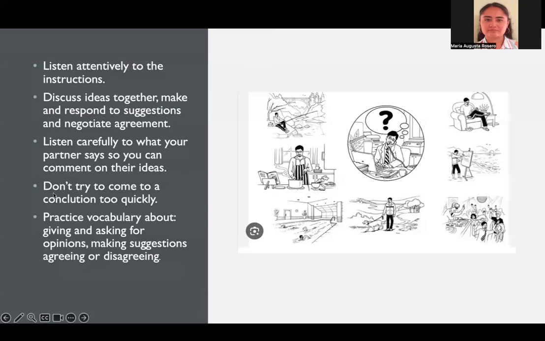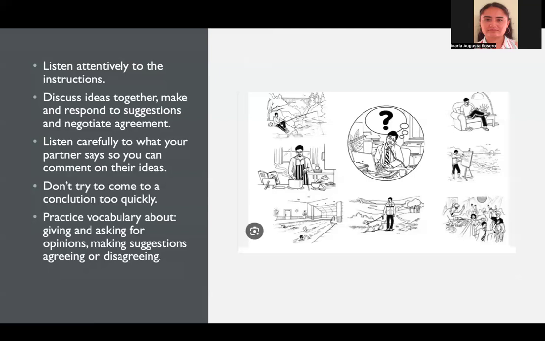Then another suggestion that we have here says that you don't have to try to come to a conclusion too quickly. Like, for example, if you start speaking or saying something, the other one responds and then you conclude? No, because remember, you have to talk for about a minute and a half or something, or actually until the examiner says stop or thanks a lot, no more.